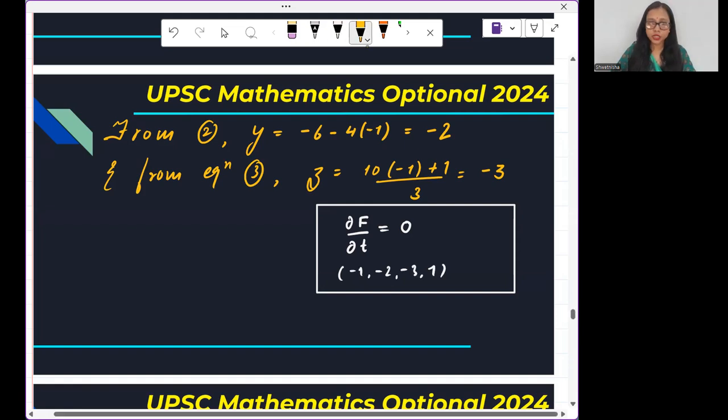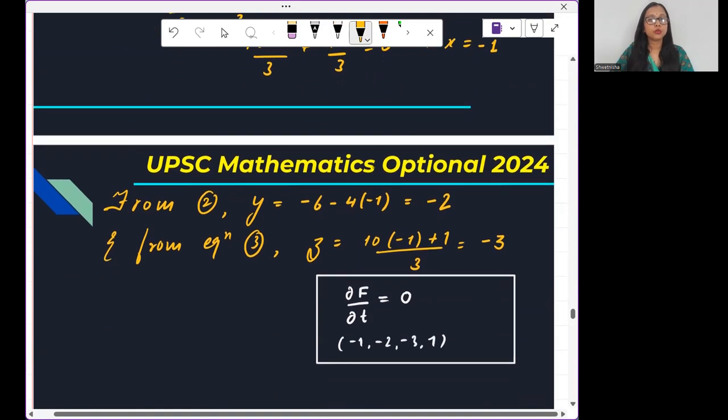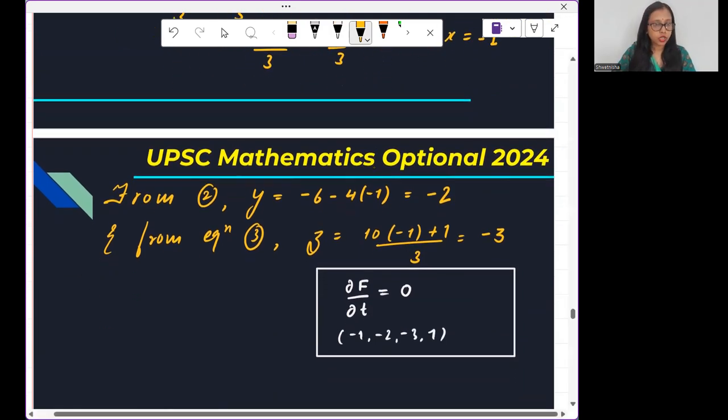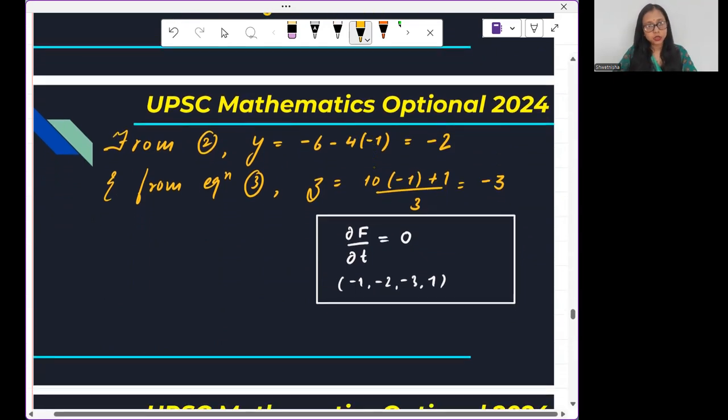But that's not what is asked. The question does not say to prove that it is a cone. If it is a cone, if this equation is satisfied, then this x, y, z is the vertex of the cone. Here in this question, this point will satisfy the equation, no problem, because it is a cone.